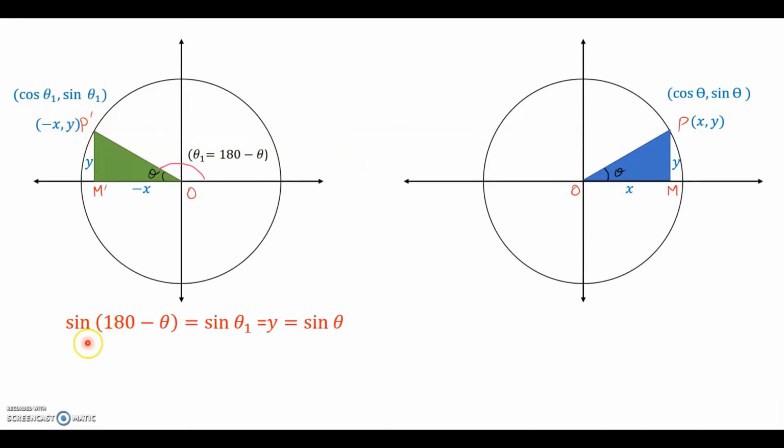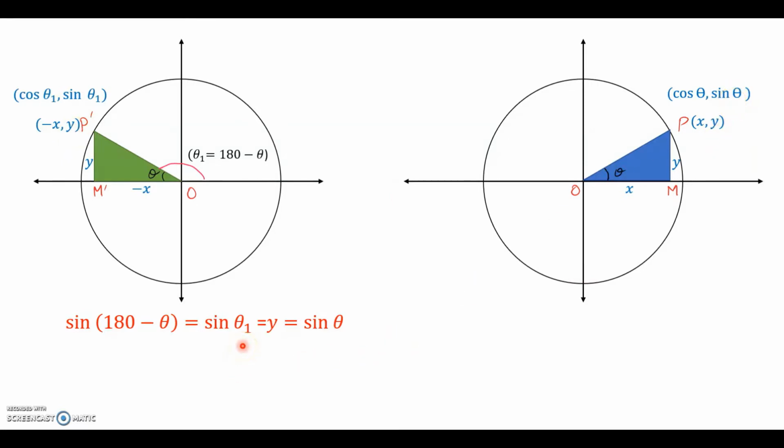So further applying, let's say that sine 180 minus theta, which is the sine theta 1, is equal to y. You can see that here, right? Sine theta 1 is equal to y. And we also know that y is sine theta.